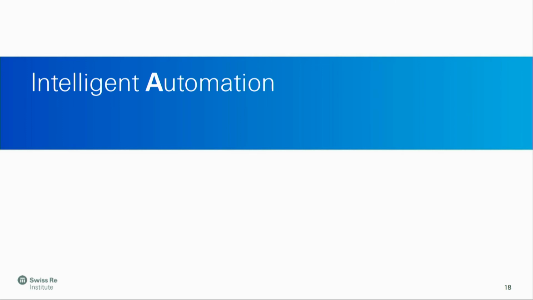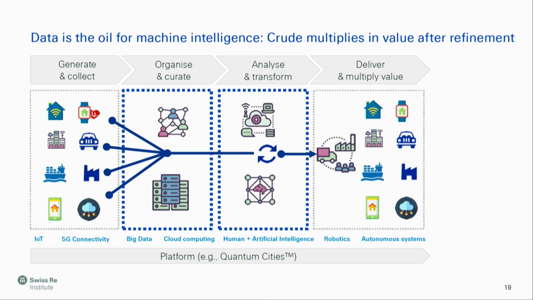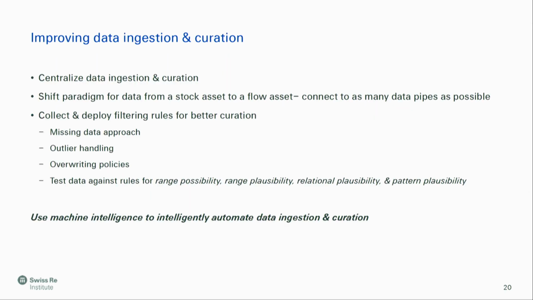So augmented intelligence, that's an AI I think we should be thinking more about, and that has a design component. Second, and I'm flipping the letters a little bit, intelligent automation. Second AI I think we should be talking about. If you think about data as being the oil for machine intelligence, whether that be regressions or deep reinforcement learning, we should be investing more time in thinking about how we intelligently automate the data component.